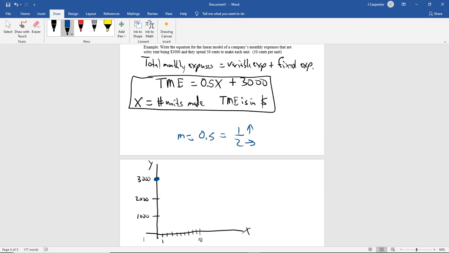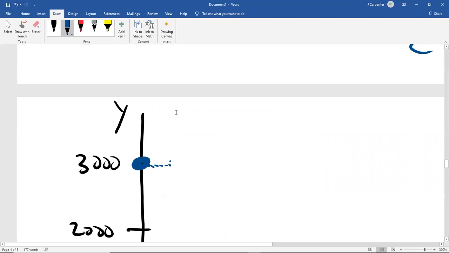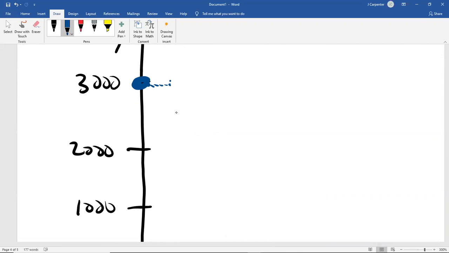I can very clearly show to go right 2. And that looks pretty good. But going up 1, if that's 3,000, I know you can barely see it. I barely moved. I'm going to call that 3001, and even that's an exaggeration. So then here's your second point, and your line ends up looking like this.